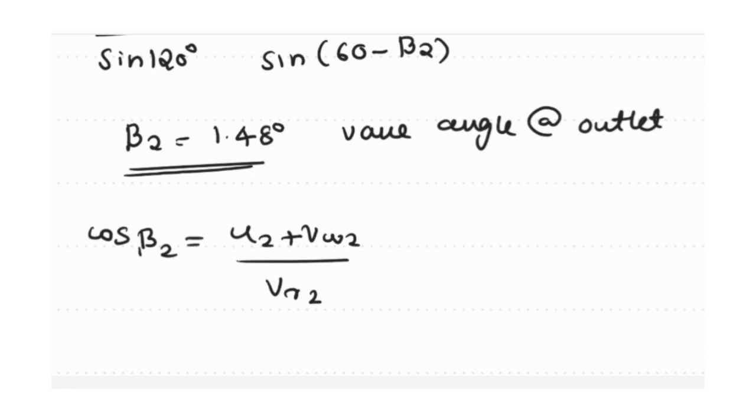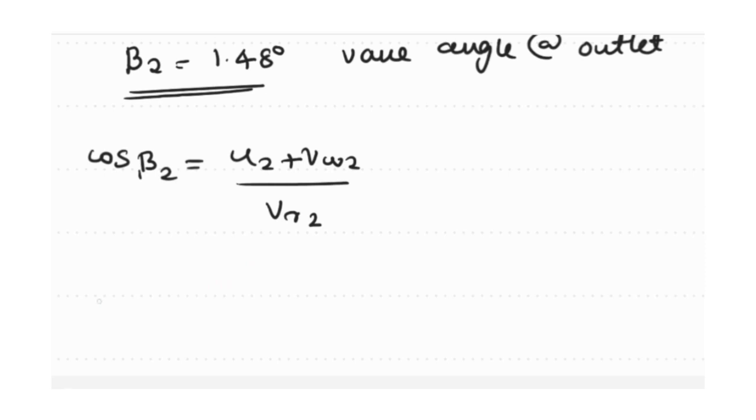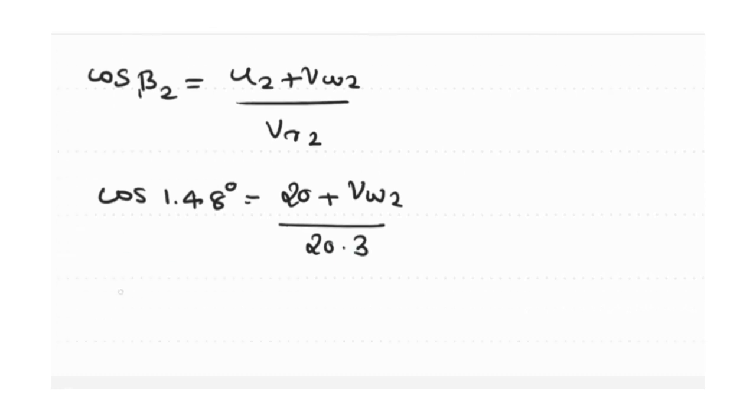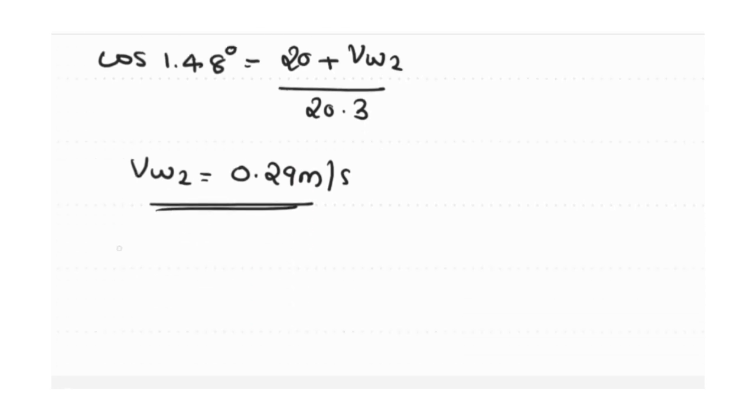You can apply cos, sin, tan, whichever is convenient and whichever is known according to the known data. So cos of 1.48 degree is equal to 20 plus VW2 divided by 20.3. You will get VW2 is equal to 0.29 meter per second.